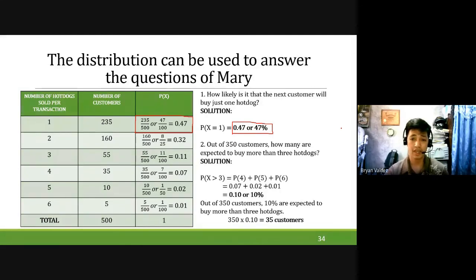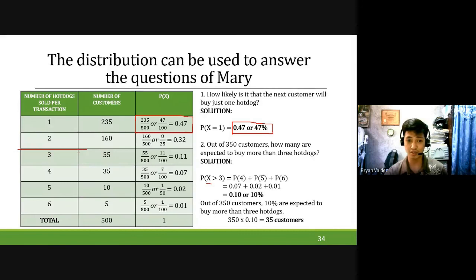Okay? Then, question number 2, out of 350 customers, how many are expected to buy more than 3 hot dogs? So, dito, X is greater than 3 kasi we are looking for the total probability for greater than 3 hot dogs yung bibili ng customer.